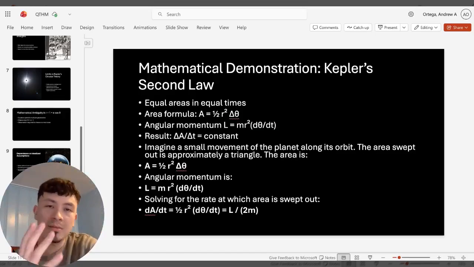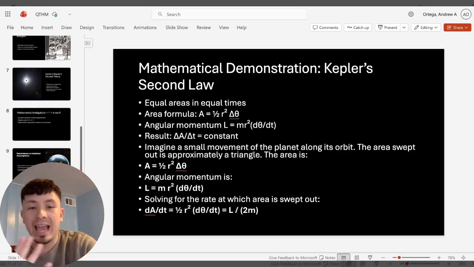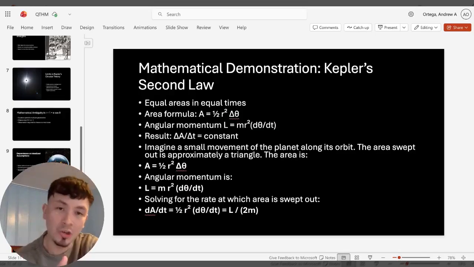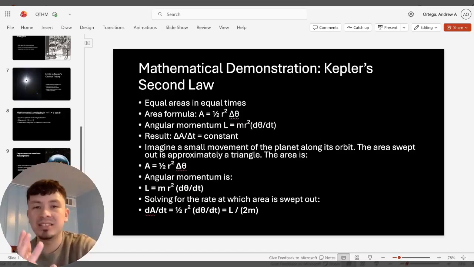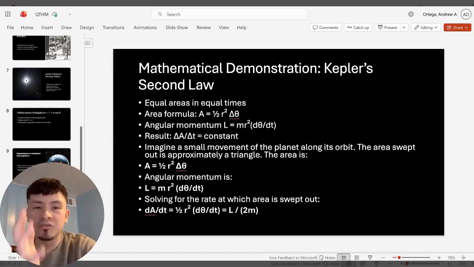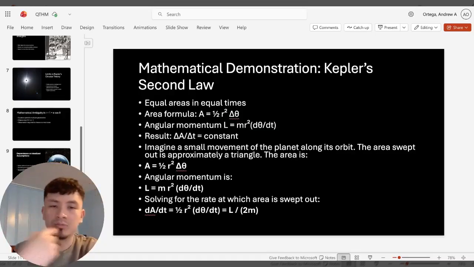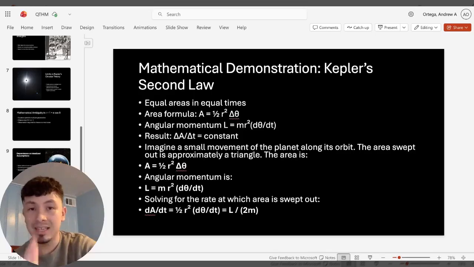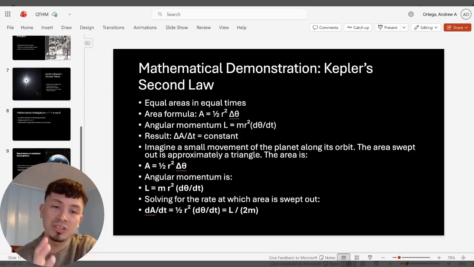So what is m? m is the mass. Since angular momentum is conserved, dA/dt is constant. This explains why planets move faster near the sun and slower farther away from the sun, which matches Tycho's data and supports Kepler's law.